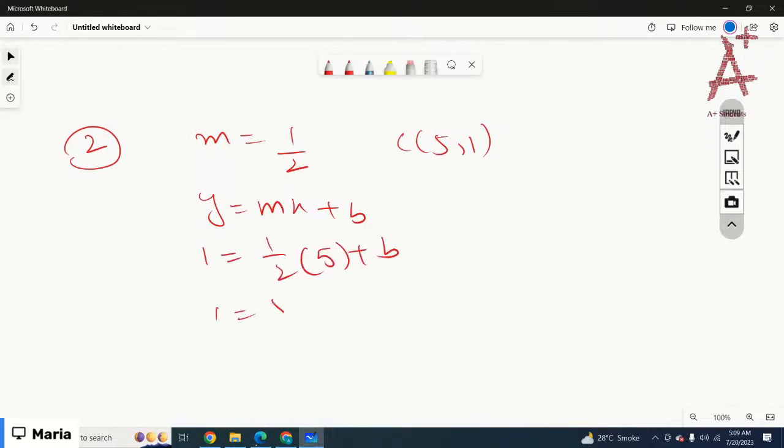So 1 equals 5 over 2 plus b. So b equals 1 minus 5 over 2, so b equals -3 over 2. So the equation is y equals 1 over 2 x minus 3 over 2. Here is the point B. Got it? Okay.